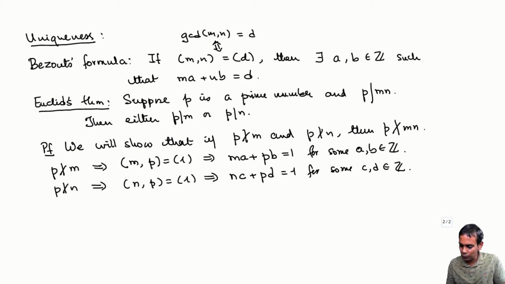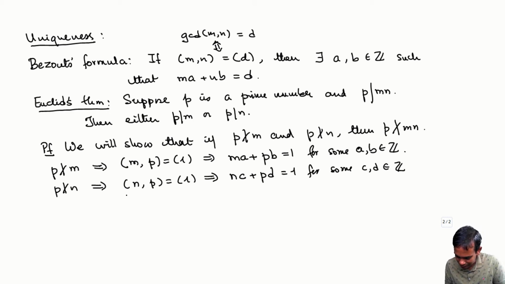And now I want to show that p does not divide mn. So what I'll try to show is that I can find integers, let's say a prime and b prime, such that mn times a prime plus p times b prime is equal to 1. So what we'll do is take this first equation here and multiply it by n.